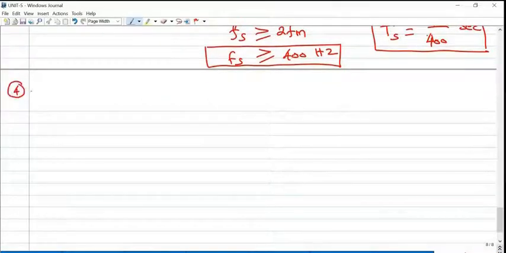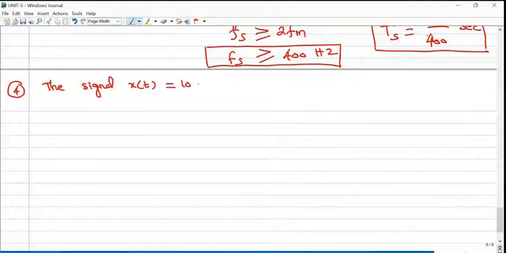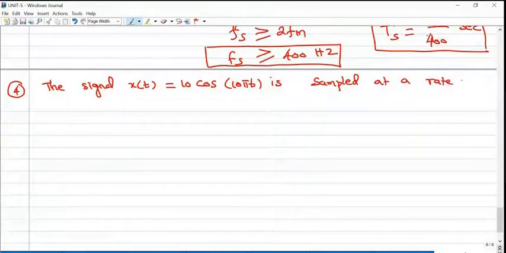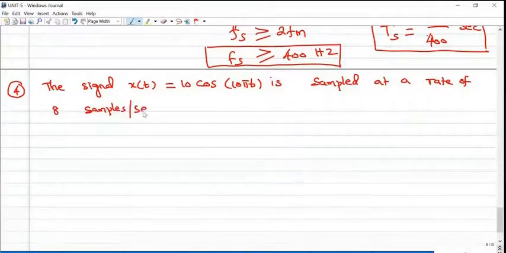So this is a somewhat advanced problem. The signal x of t equal to 10 cos of 10 pi t is sampled at a rate of 8 samples per second.